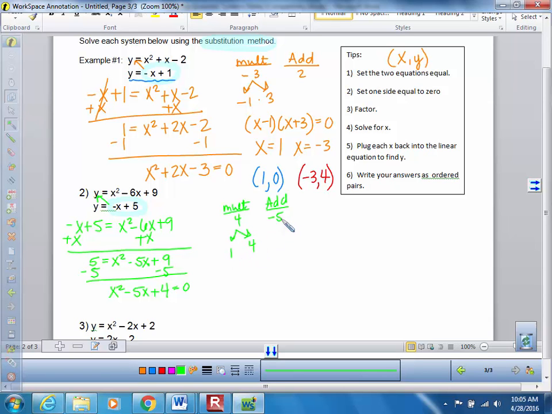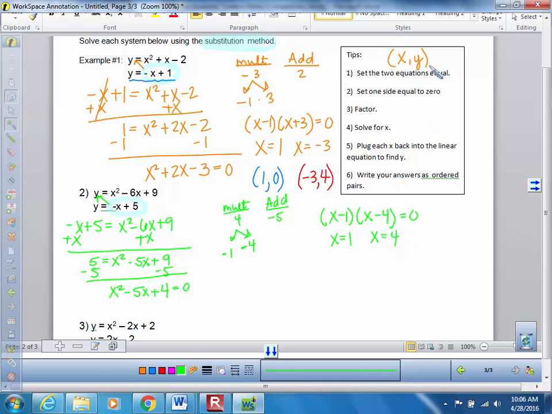But how do I make it a negative 5? If I make them both negative, would they add to be a negative 5? Yep. Okay. So my factors are going to be x minus 1 and x minus 4. So that means that this x is going to equal what? A positive 1. And this x is going to equal a positive 4.